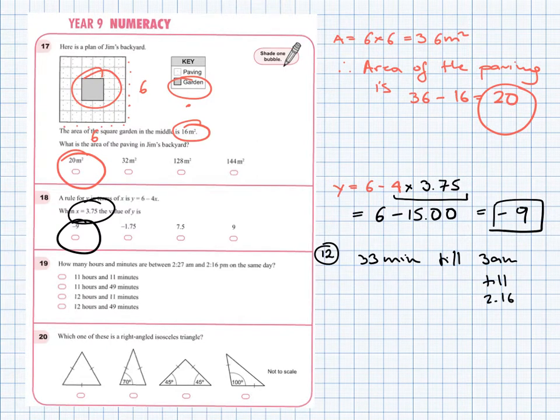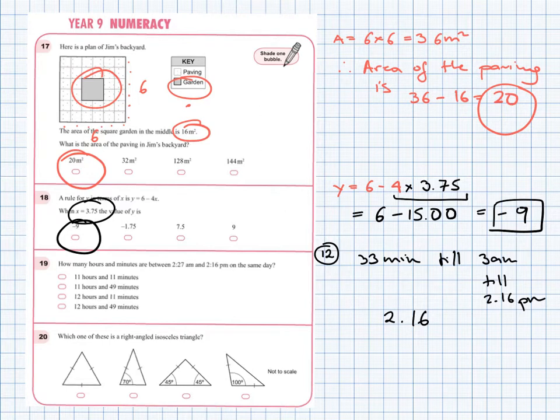So from 3 a.m., this one is p.m., so you're gonna have from 3 until 10, 12 is 10, and 2 is 12, and it's 12 hours and 16 minutes. So it's 12 hours and 16 minutes.